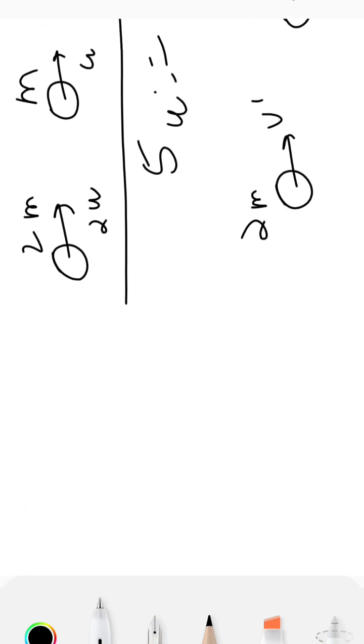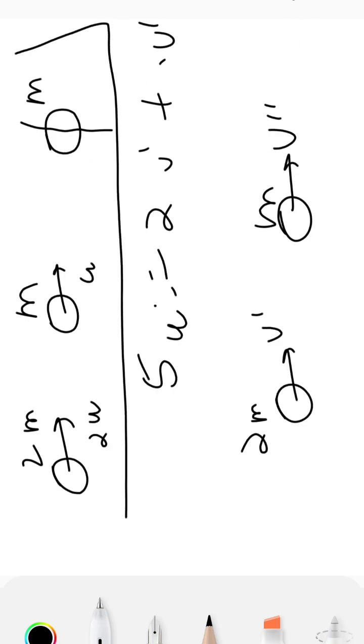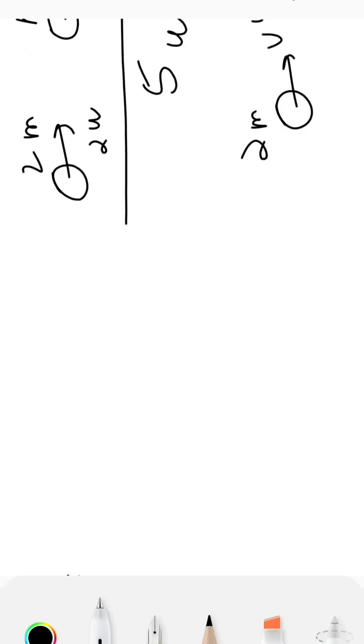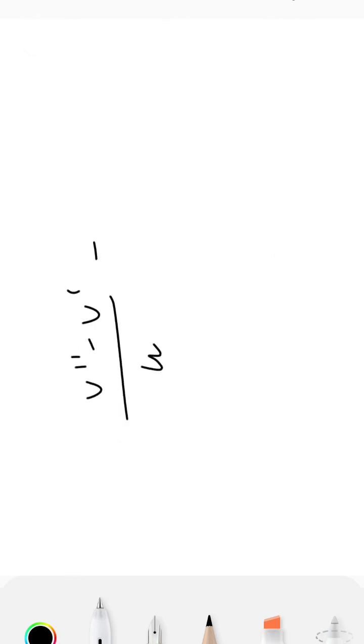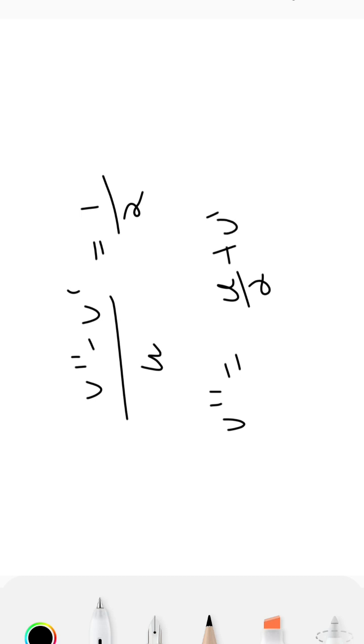So velocity of separation by velocity of approach. Velocity of separation can be written as v double dash minus v dash, by velocity of approach, which is u, and this value is given as half, 0.5. So v double dash can be written as u by 2 plus v dash.